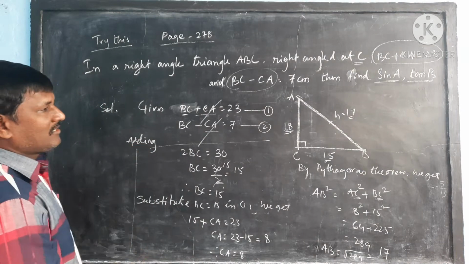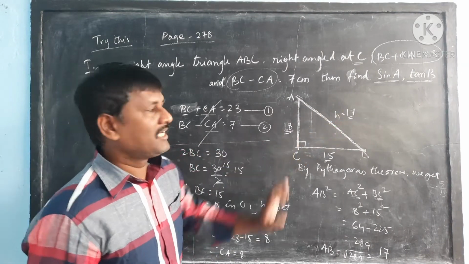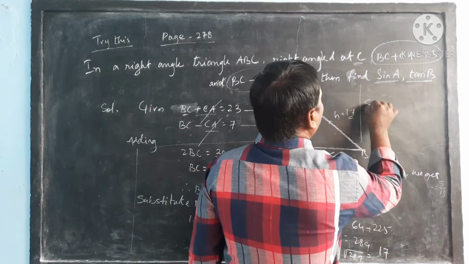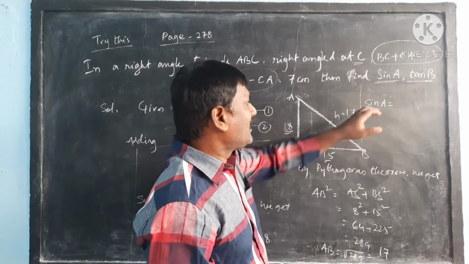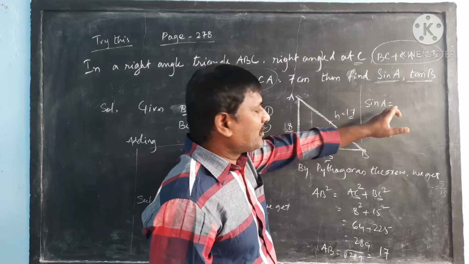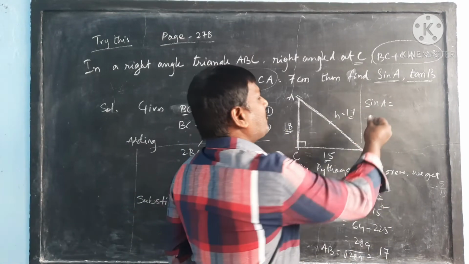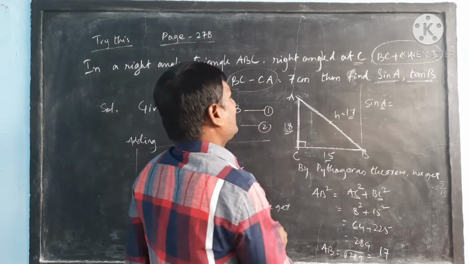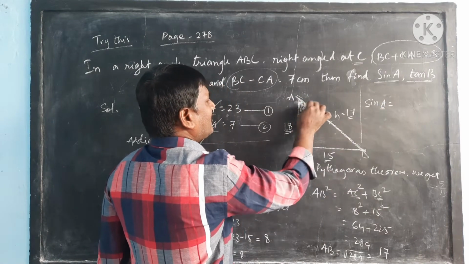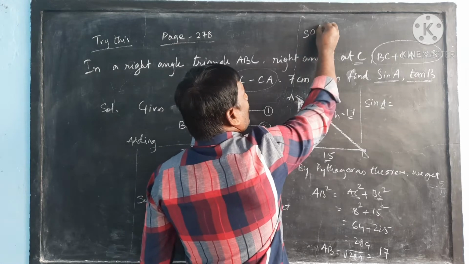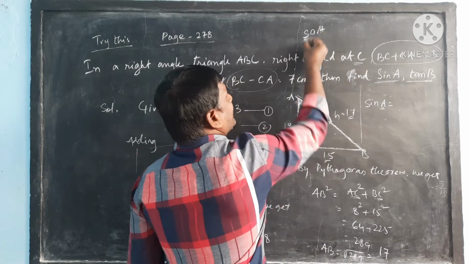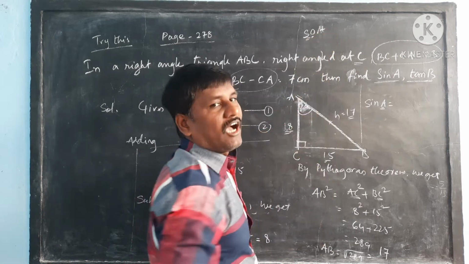Let us see here. Sin A you can find here. So you know that sin A means the side opposite to angle A by the hypotenuse. This is our referring angle. Sin, we know, is SOH, that means sin is equal to opposite side by hypotenuse.